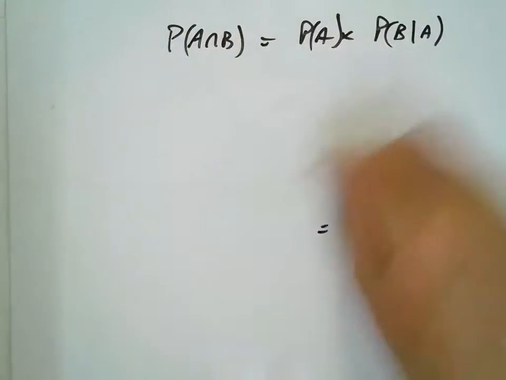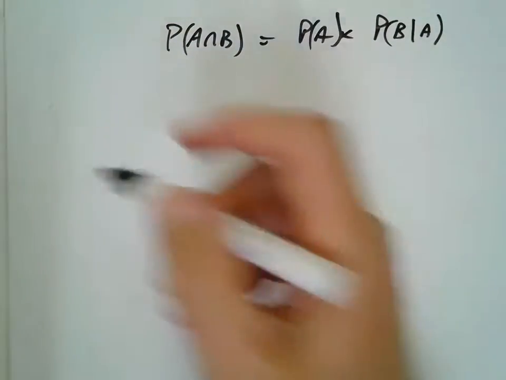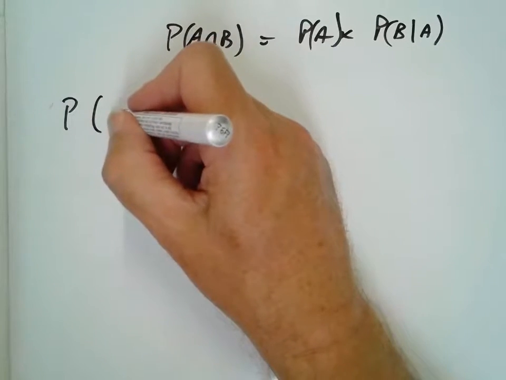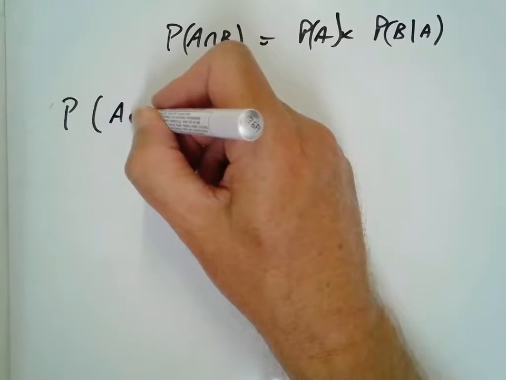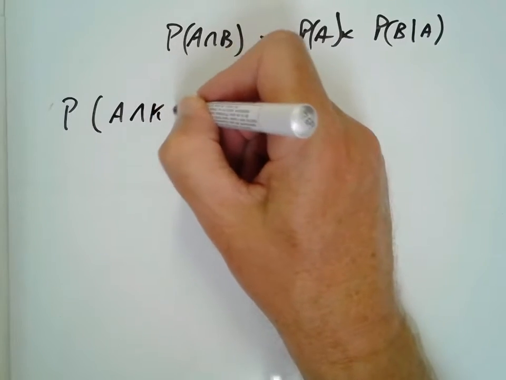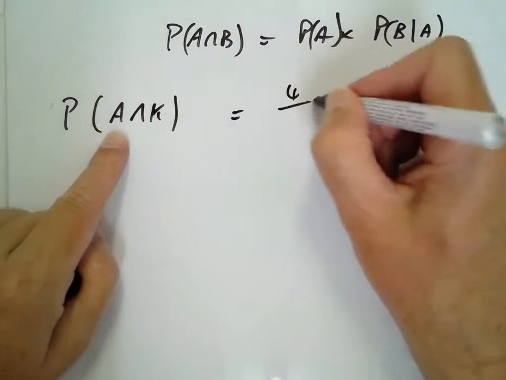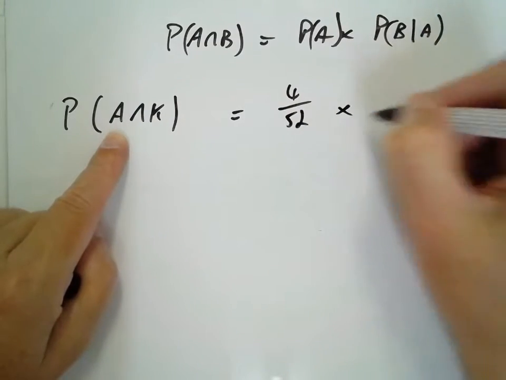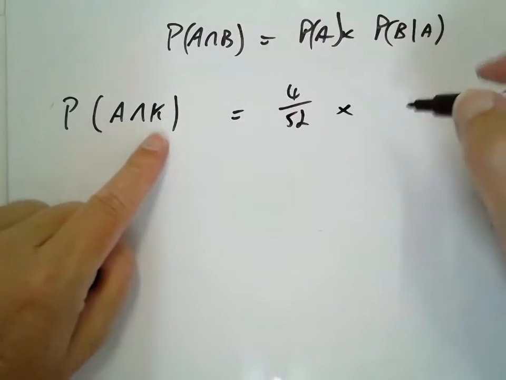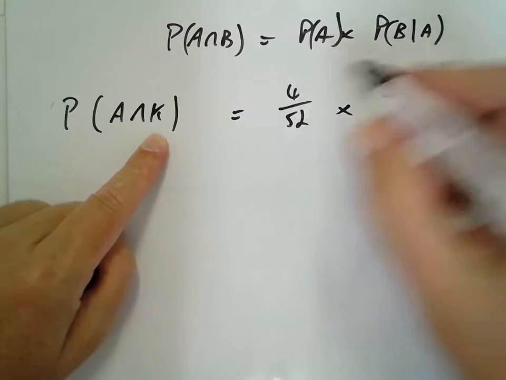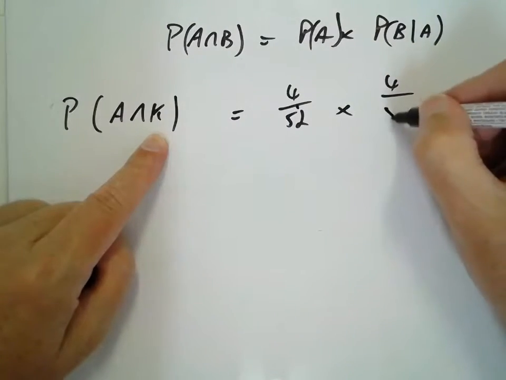It also happens with questions in cards. Let's do a card one. You've got to know your cards. What's the probability that you select 2 cards and you get an ace and then a king? So what's the probability of getting an ace? Well, there's 4 aces and there's 52 cards. The probability of getting a king, well, there's 4 kings, but it's not 52 cards anymore because you just picked an ace.